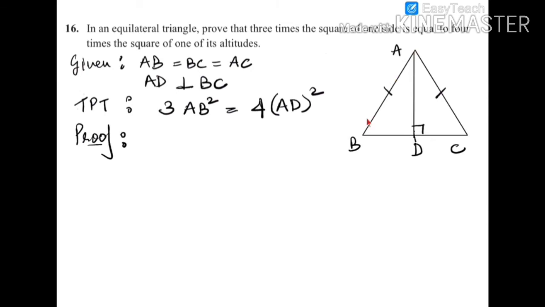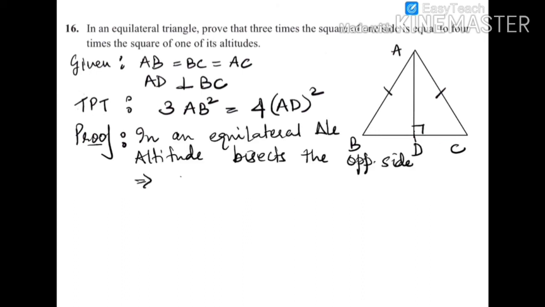Notice in the figure that we have two right triangles, triangle ABD and triangle ADC. So we can use Pythagoras theorem in each of these triangles. Also, we know that triangle ABC is an equilateral triangle. So when we draw an altitude in an equilateral triangle, it bisects the opposite side.